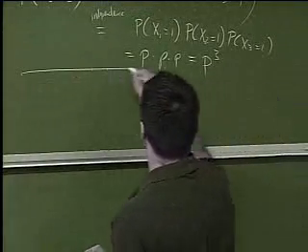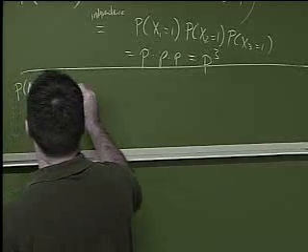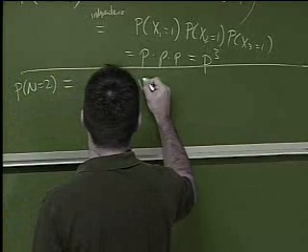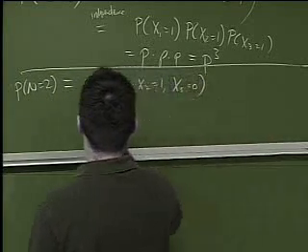Suppose we wanted to compute the probability that n is 2. Well, that's going to be the probability that x1 equals 1, x2 equals 1, x3 equals 0.